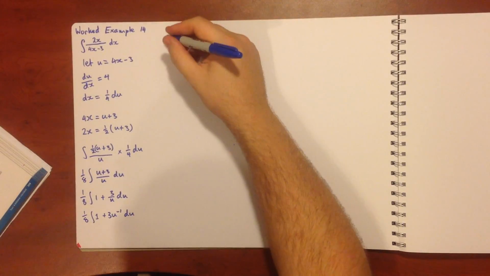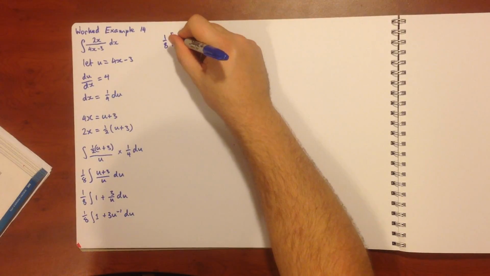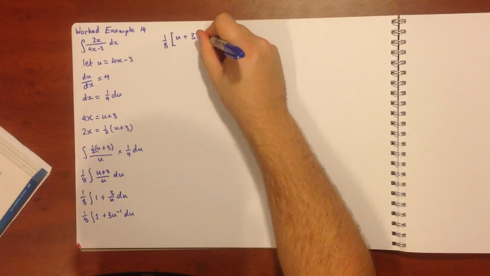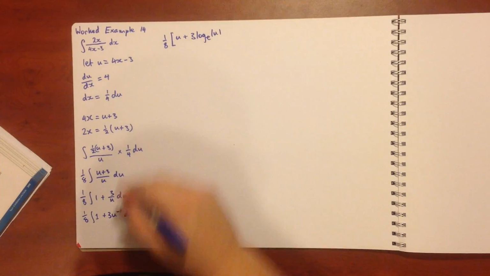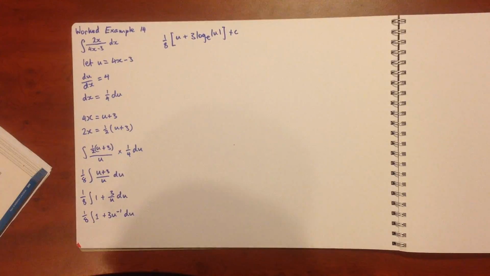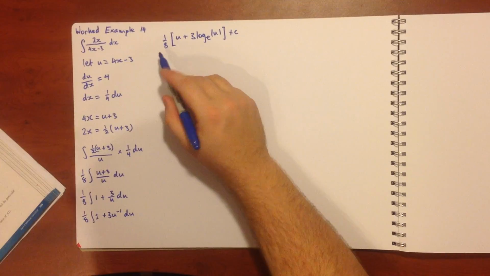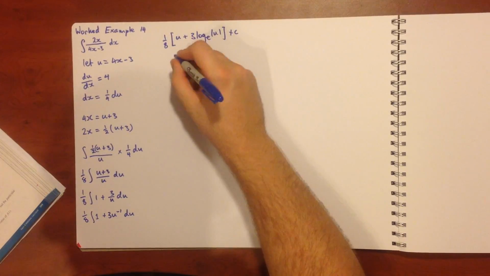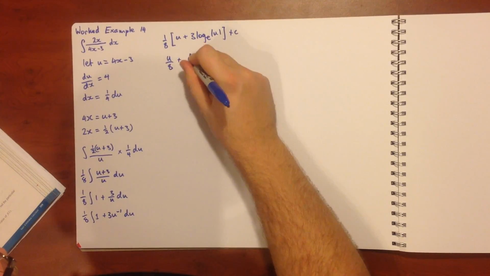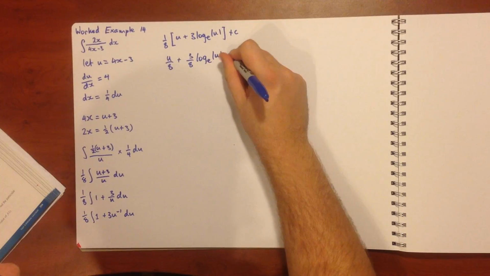That'll come up here now, which means we've got 1 on 8 outside of, well, 1 just simply goes to u plus 3 log to the base e of the modulus of u, because it was to the power of negative 1, plus c. Okay, so we might run our 8 through, so we can say we've got u on 8 plus 3 on 8 log to the base e of the modulus of u plus c.